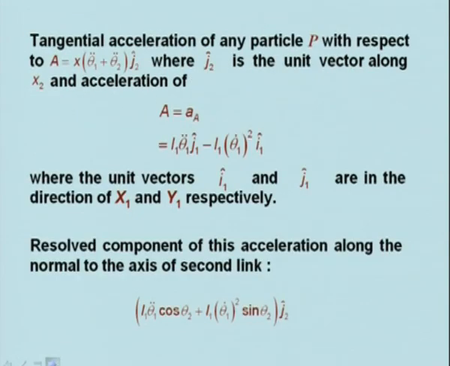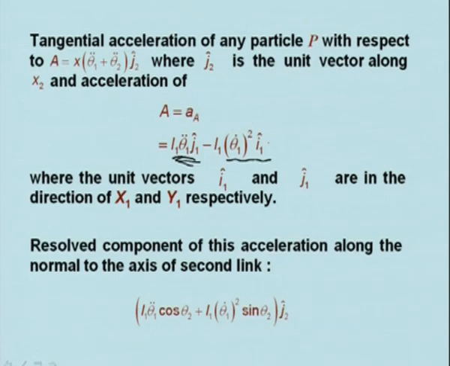Now, the tangential acceleration of any particle P with respect to A is x theta 1 dot dot plus theta 2 dot dot j2, where j2 is the unit vector along x2, and the acceleration of A is given by L1 theta 1 dot dot j1, that is the tangential acceleration, minus L1 theta 1 dot whole square i1, that is the centripetal acceleration, where the unit vectors i1 and j1 are in the direction of x1 and y1 respectively.